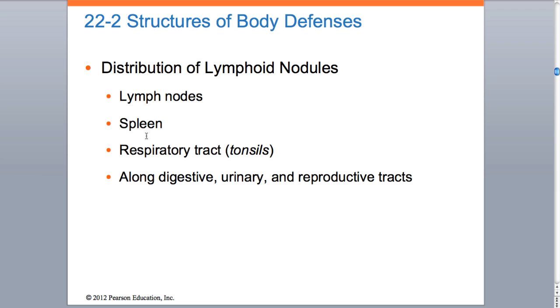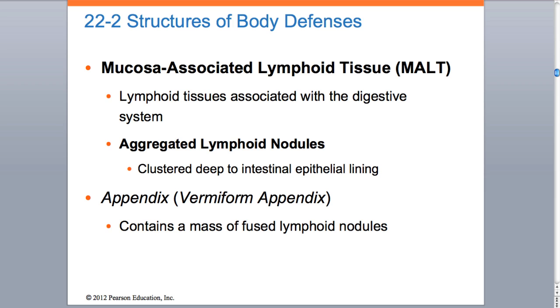Spleen is connected to your blood. It has a rich blood supply. Respiratory, connected to your blood. Digestion, connected to your blood. Urinary, connected to your blood. Reproductive, connected to your blood. That's why things work down there. Okay, so you see, anytime you have a nice connection with your blood, you're going to have lymph nodes and your lymph system there. Okay, next slide.